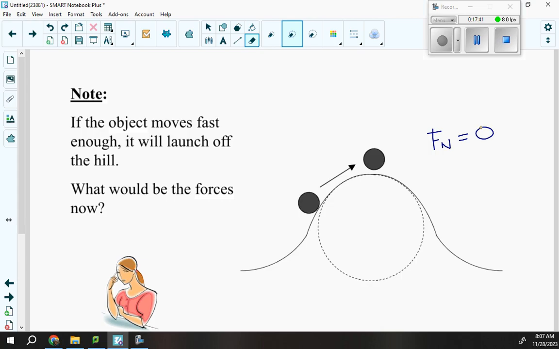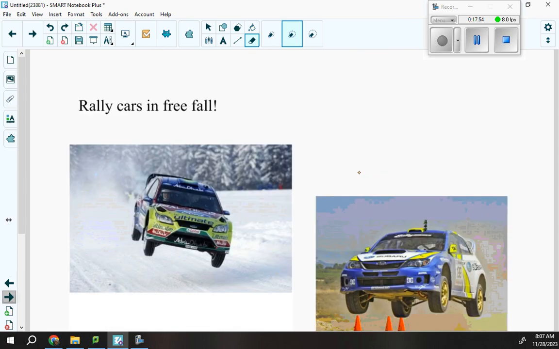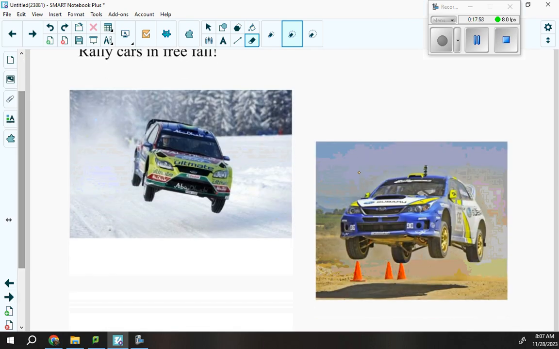The idea is that you're going so fast that your inertia is carrying you up and off the hill. If the hill's not pushing on you, then, well, this is going to sound redundant, you don't feel the hill pushing on you. You have 0 apparent weight. So again, rally cars in free fall are great examples of this. Driving a rally car would be pretty cool.